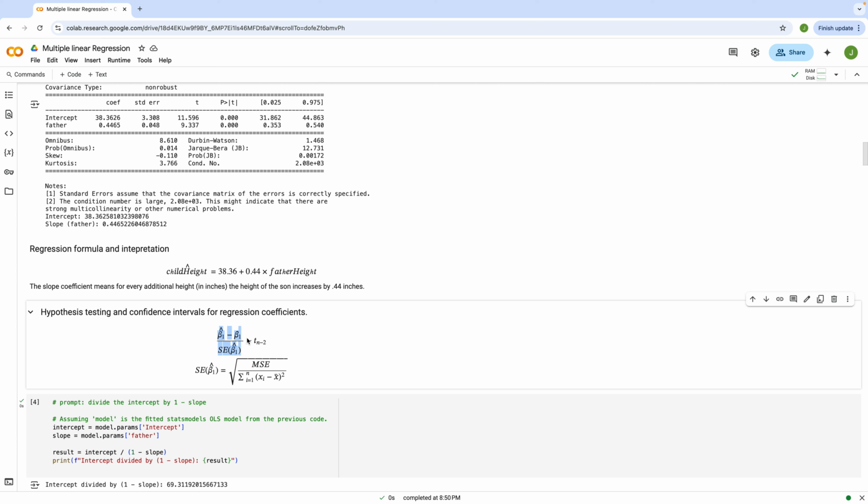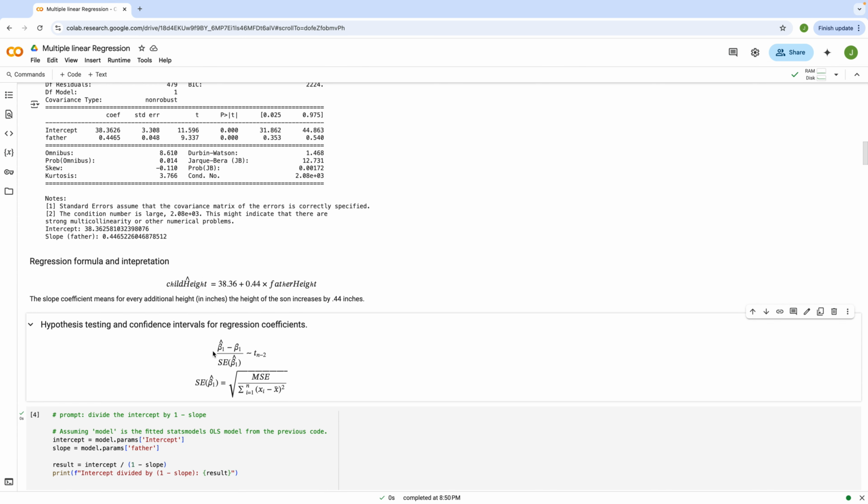The probability distribution of the estimator for beta 1 is a t-distribution with n minus 2 degrees of freedom. And the formula is given here for how to calculate this t-statistic. This t-statistic is provided by this column.